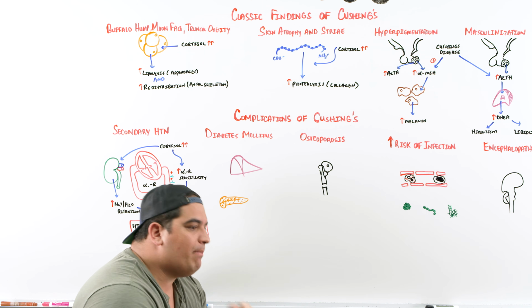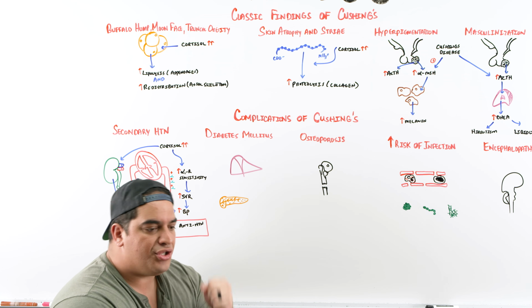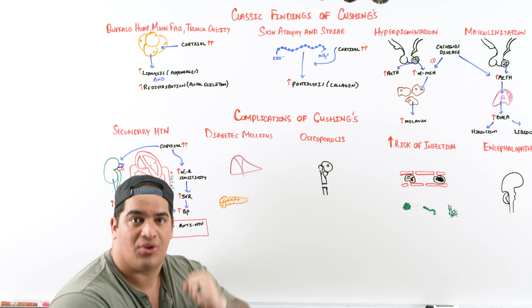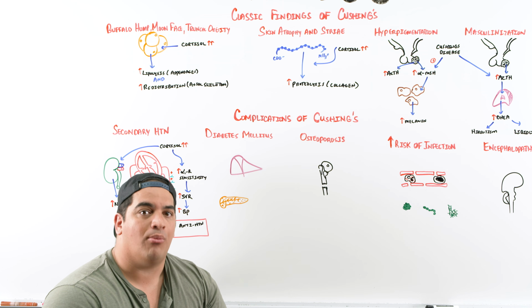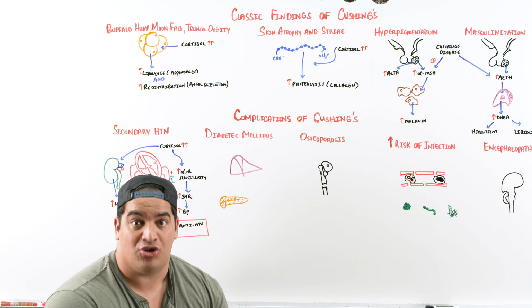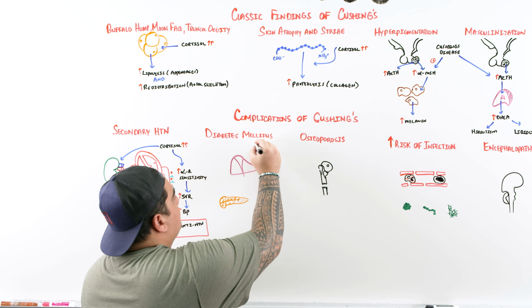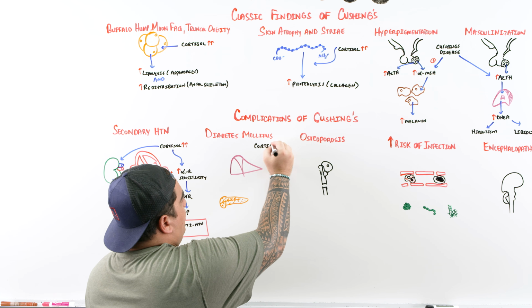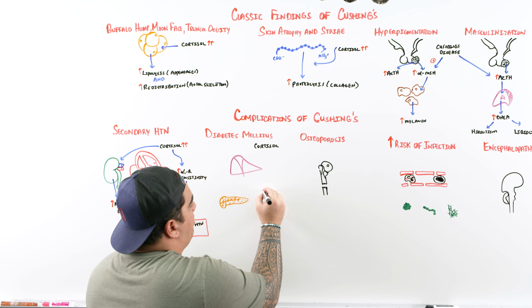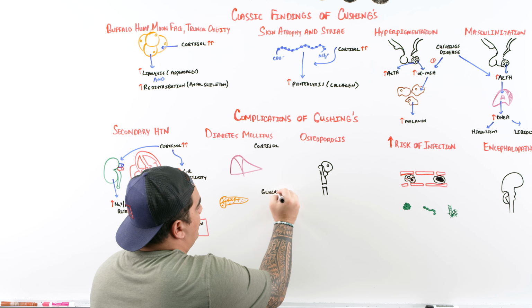The next concept here is diabetes mellitus. Now, it's important to remember that yes, Cushing's syndrome and Cushing's disease can increase the risk of diabetes, but it's also more common that they will worsen a patient with underlying diabetes. What do I mean? Well, cortisol works on the liver, and what it helps to do is increase your blood glucose levels.